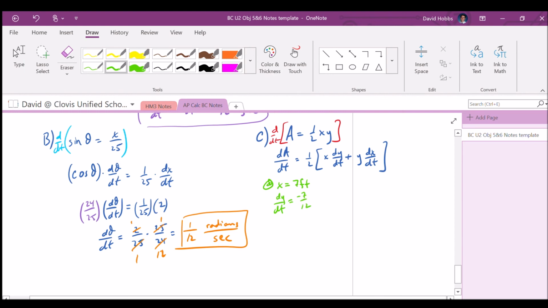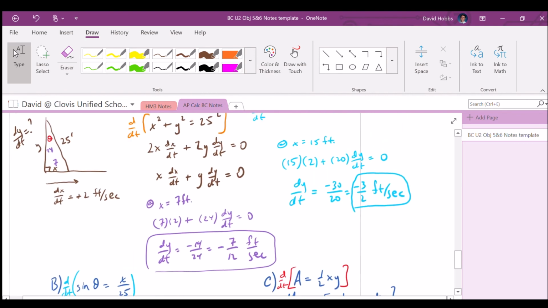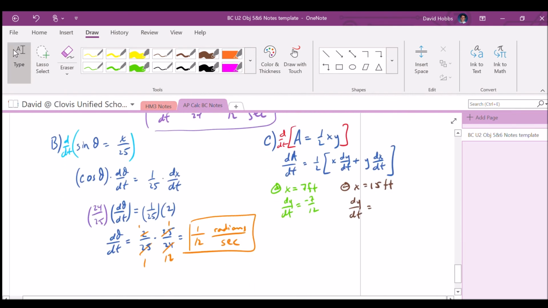And at 15 feet, the dy dt there was negative 3/2 feet per second.